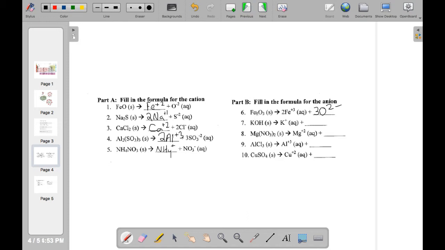What is this telling me? I have iron, but I have 2 of them, right? So they have to be plus 3. Makes sense. This side's a little bit easier because now I'm doing the anions. It's easier to do the anions than the cations, especially when they are already giving me the charges of the cations. All right, so what do we got here?